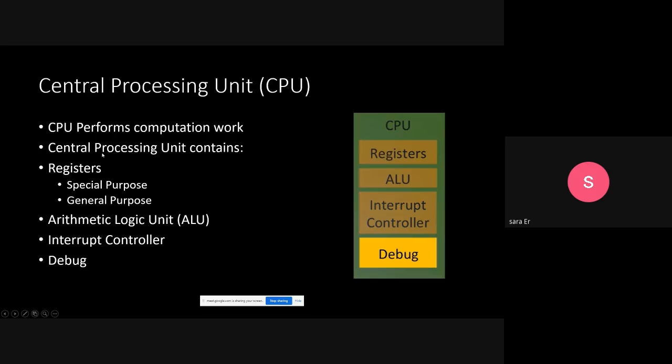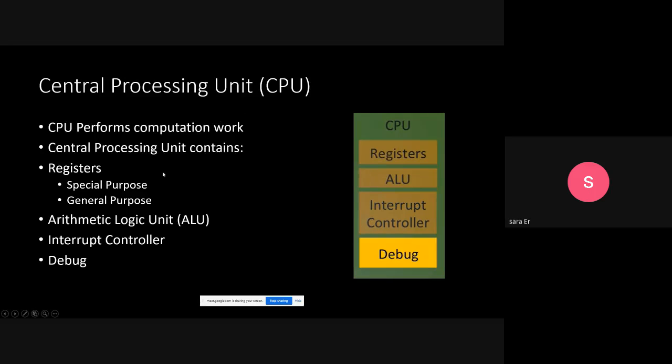This is a central processing unit. A CPU contains registers. Registers are memories, but very tiny. There are two forms of register inside the CPU: special purpose registers and general purpose registers.